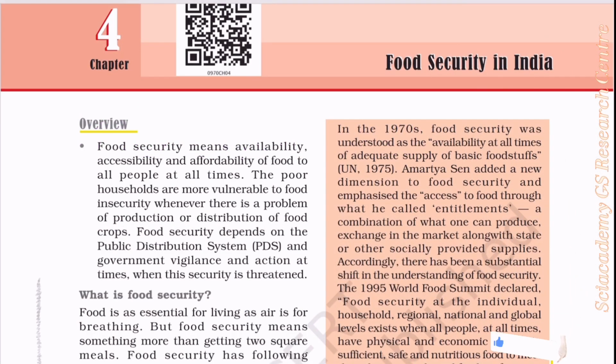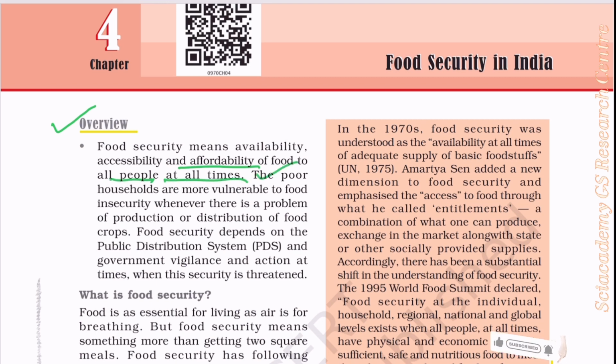This is page number 42, chapter 4, Food Security in India. Overview. Food security means availability, accessibility, and affordability of food to all people at all times.